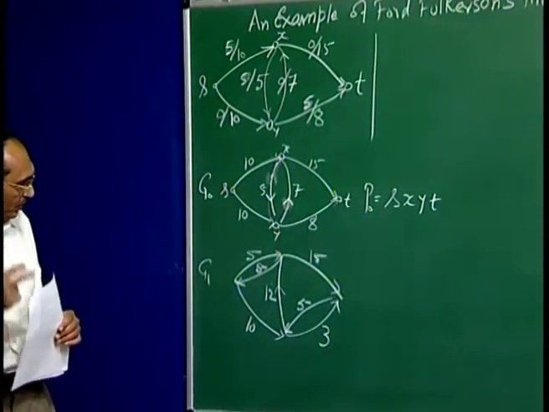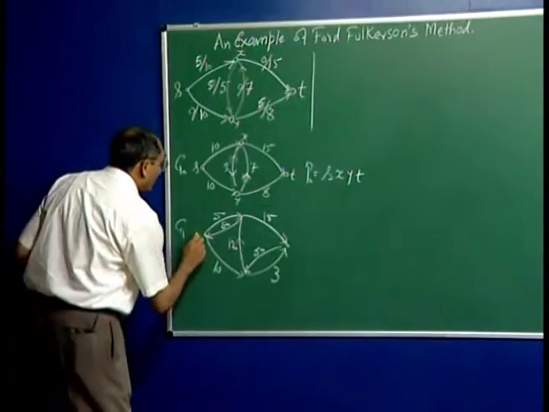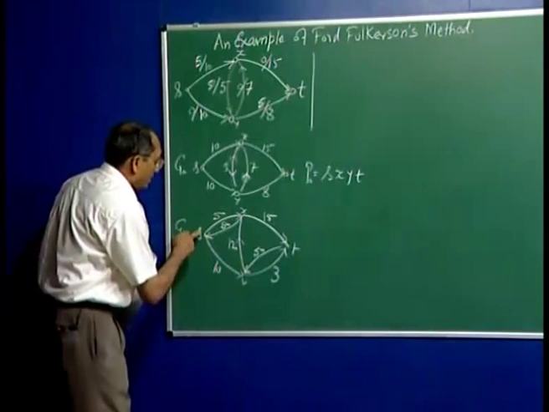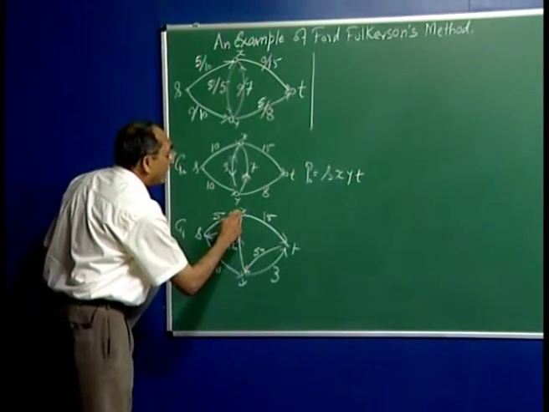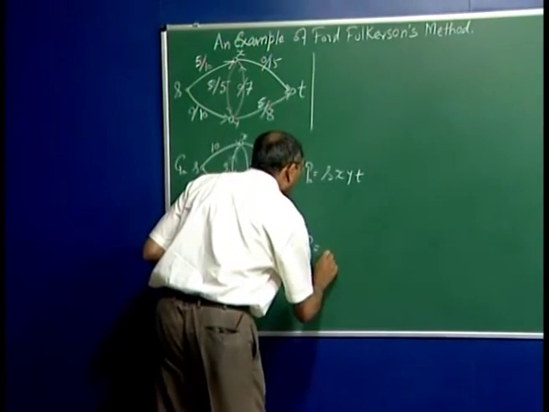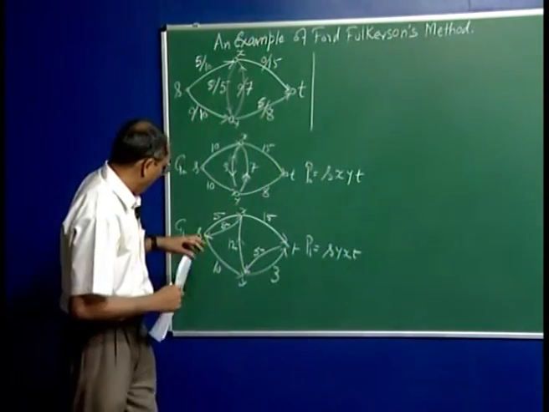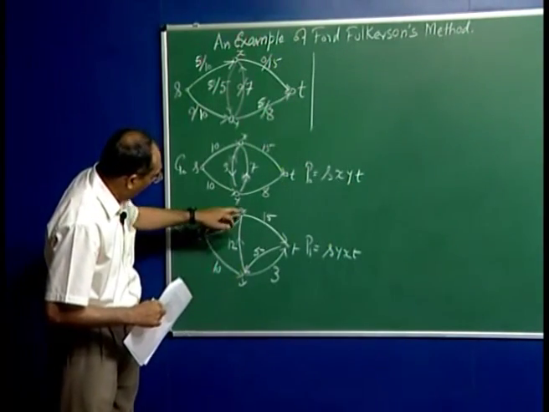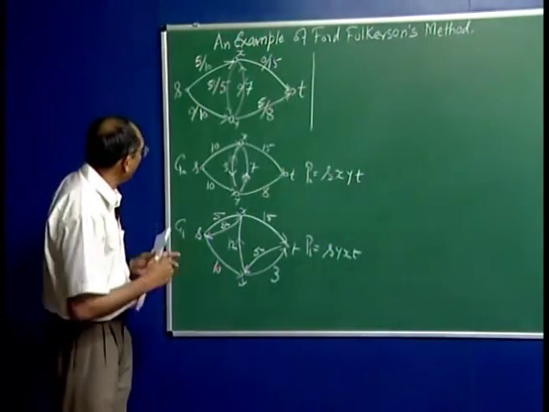Now suppose we choose a path to be S, Y, X. So let us choose path P1 to be S, Y, X, T. On this path we have 10, 12 and 15, hence 10 is the minimum capacity, so I can augment 10 units.